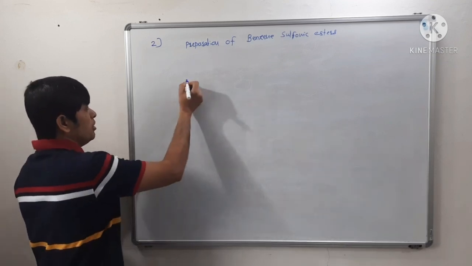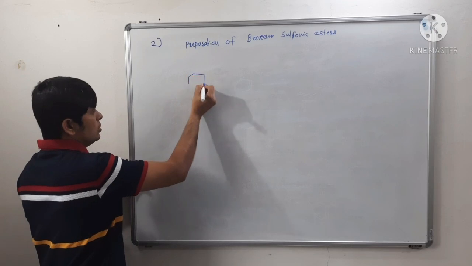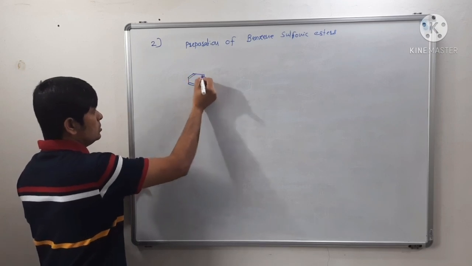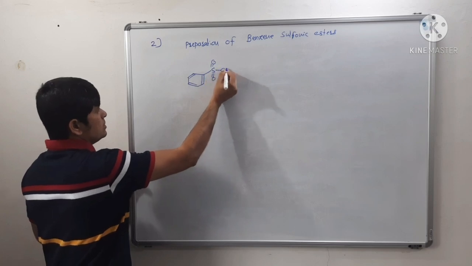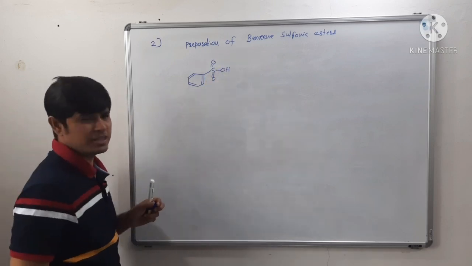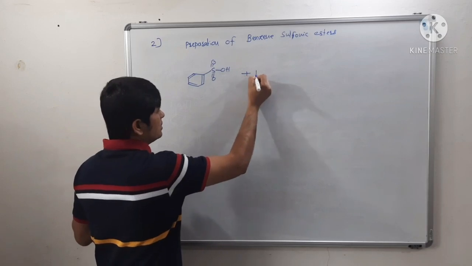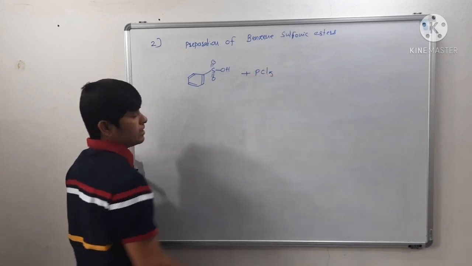See, for the preparation of benzene sulfonate ester, we have to react this benzene sulfonic acid. Okay, benzene sulfonic acid we have to react with phosphorus pentachloride.